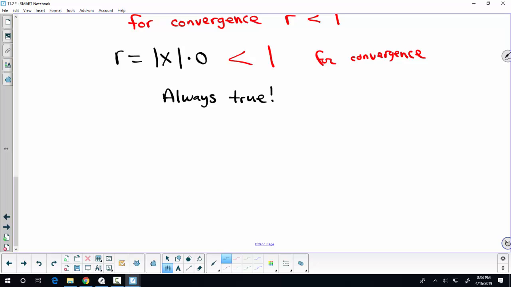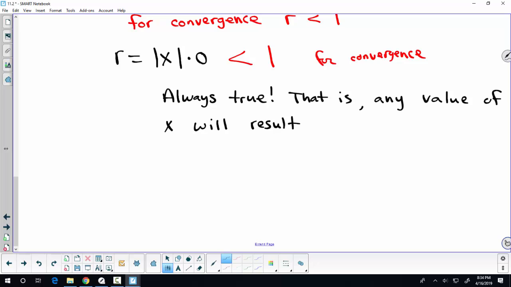This is always true. Any value of x will result in a convergent series.